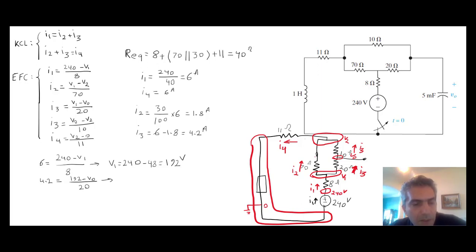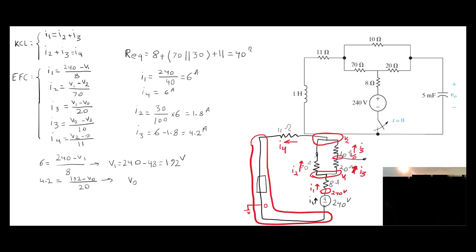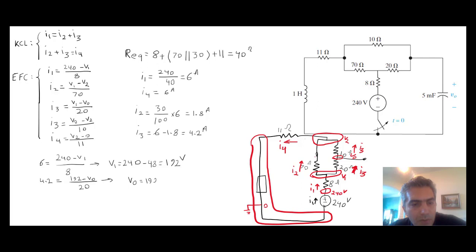So from this, that's 84. So V out would be 192 volts minus 84 volts, and that's simply 108 volts.